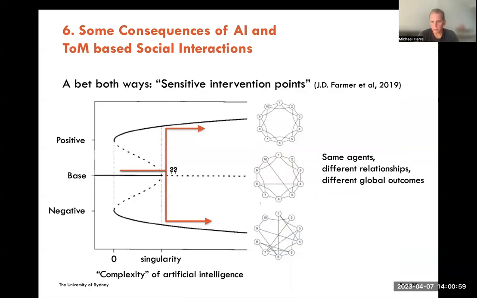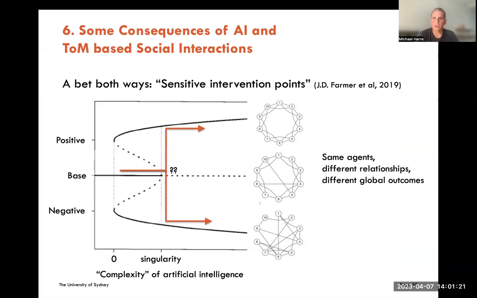But these are the two that tend to be debated most strongly at the moment. We need to keep in mind there are many different ways to see this. And so in these ways, we may think of these two alternatives being in terms of the way in which the collective intelligence of artificial intelligences brought into social structures within our society, different structures will give rise to different outcomes.